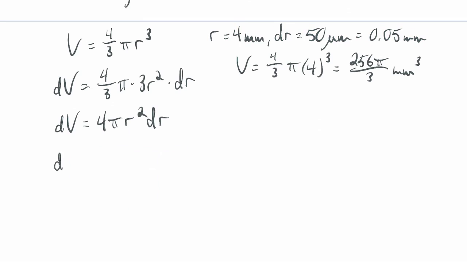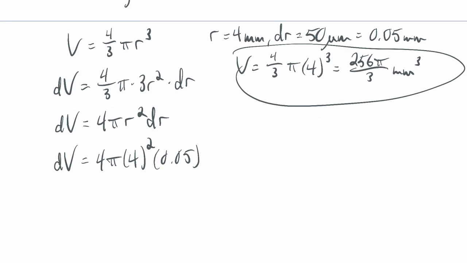So dV, and probably if I want to be super precise, put when r equals and when dr equals, but let's not clutter our notation too much. We'll leave that out for now, at least for this first example. So if I plug in 4 for r and then 0.05 for dr, this gives me the absolute error in the volume calculation that I did up here.